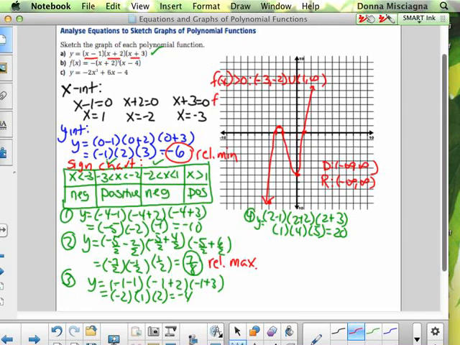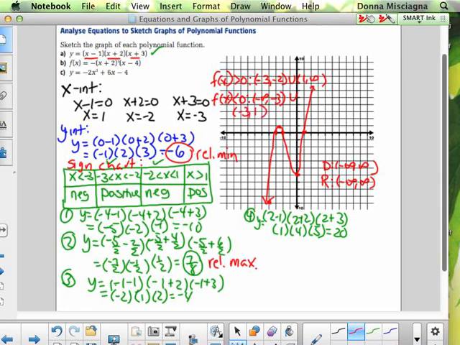And then our function is negative where it's below the x-axis. So that's from -infinity to -3, and then again from -2 to 1. So I'll put it over here.